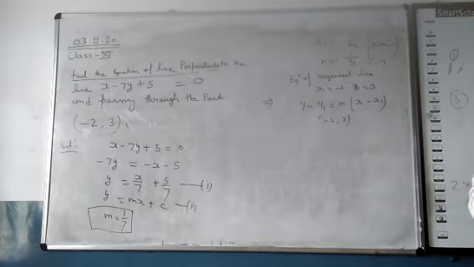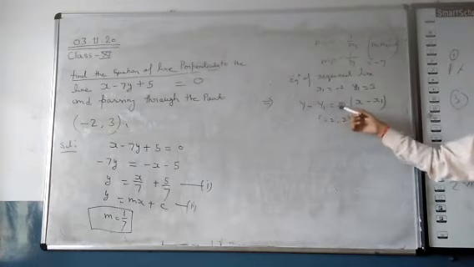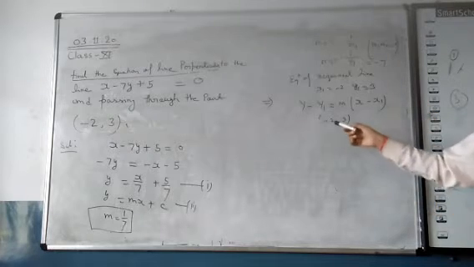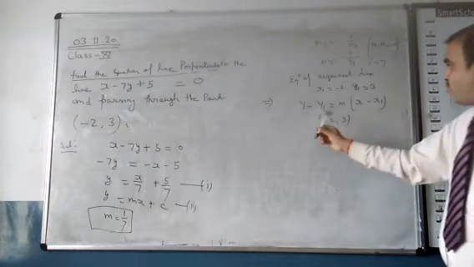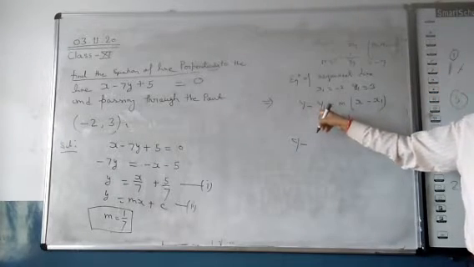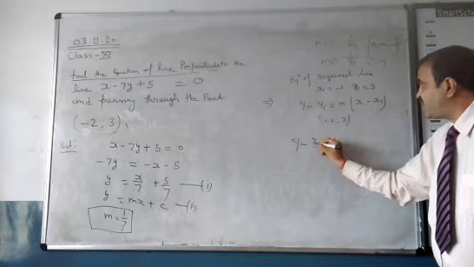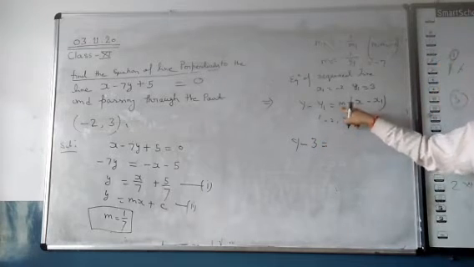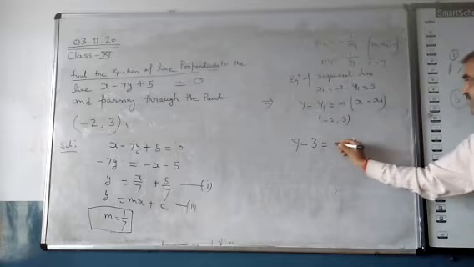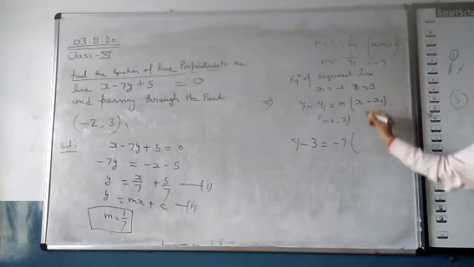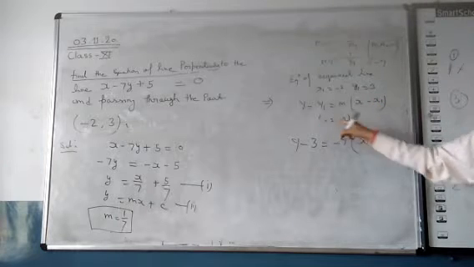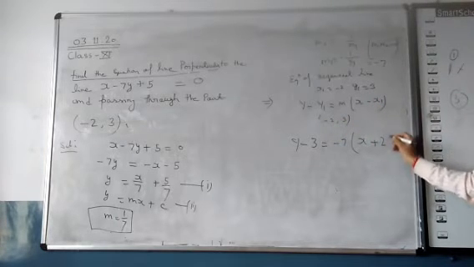Equation of line passing through a point: y minus y1 equals m times x minus x1, and this line passes through the point minus 2 comma 3. So in place of y1 we put 3. So y minus 3 equals m, the slope of the line, which is minus 7. So minus 7 in bracket x minus x1, where x1 is minus 2, so minus minus plus 2.